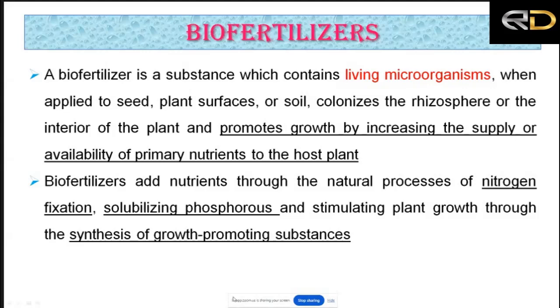Another one is solubilizing phosphorus. Phosphorus is quite important, as even when we are giving a fertilizer, after some time the phosphorus becomes unavailable to the plants. As you might know, phosphorus is highly immobile in soil.